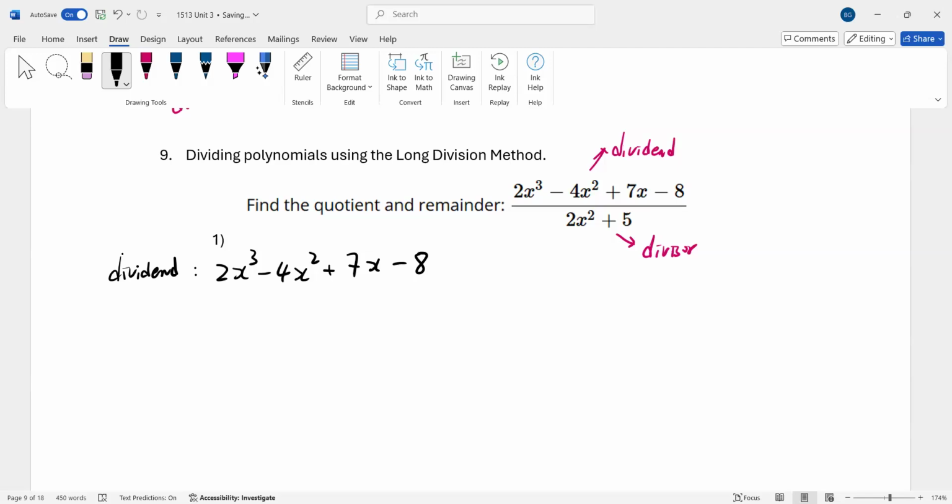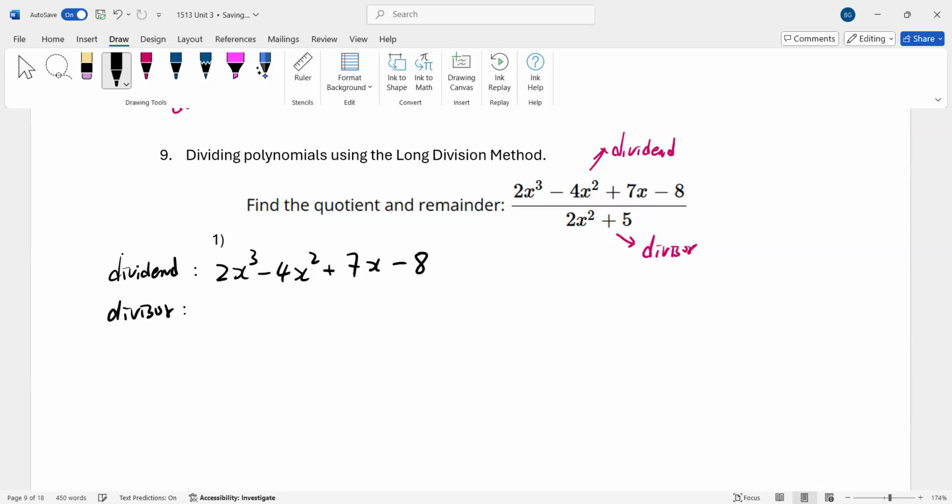So that's the dividend, and it is already in standard form. Very, very important: when we apply long division to divide two polynomials, we have to make sure they are both in standard form. Dividend, yes. Let's see the divisor.